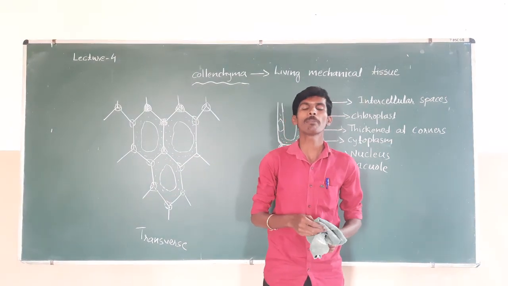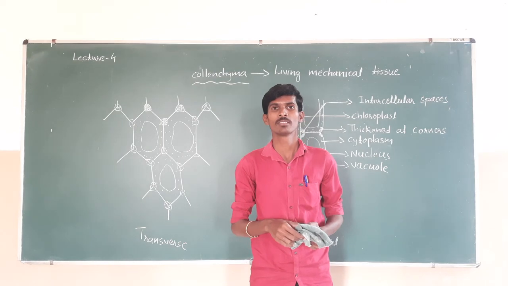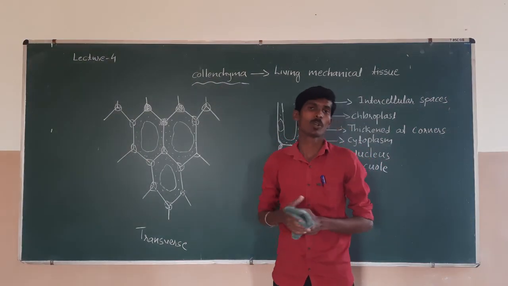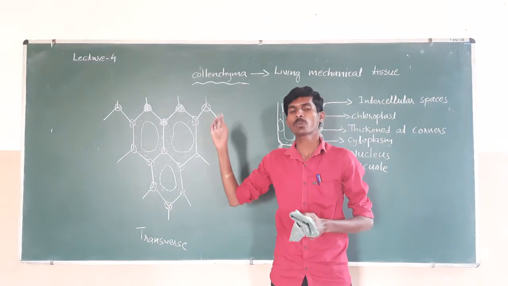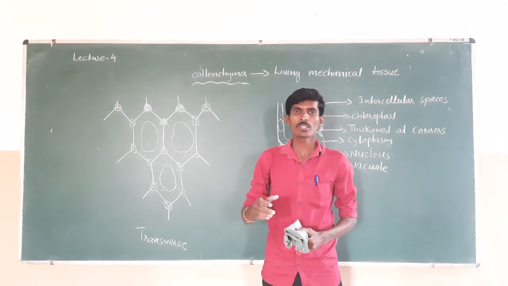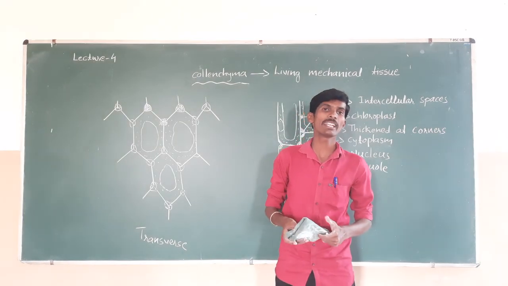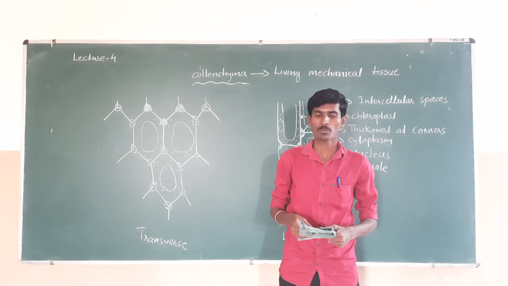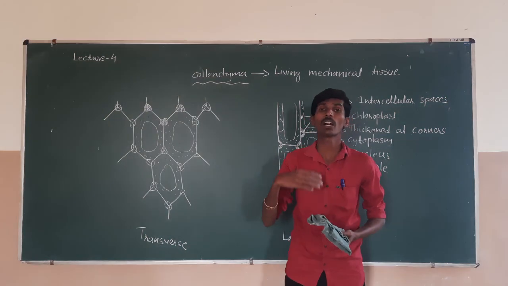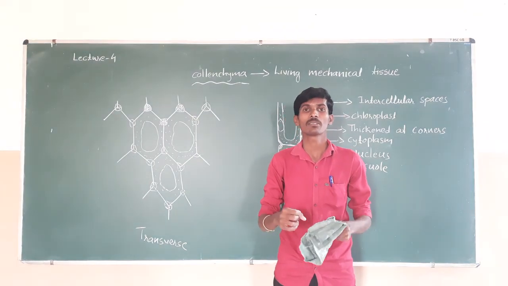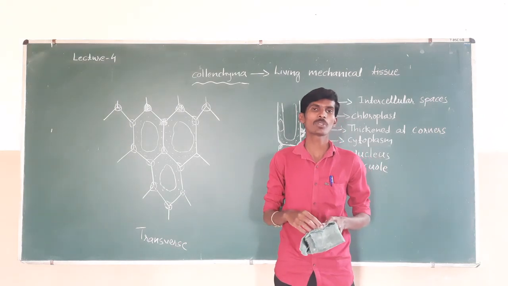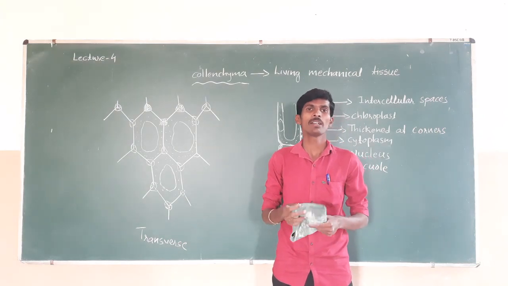The flexibility of the plants is due to the presence of another permanent tissue, which is called collenchyma. This collenchyma allows easy bending of various parts of the plant body without breaking. Some parts of the plant bend, for example the leaves as well as some primary stems.